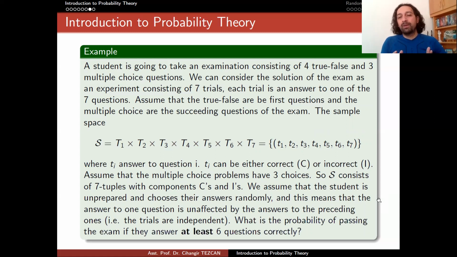The question is, what is the probability of passing the exam if they answer at least 6 questions correctly? So you have 7 questions. In order to pass the exam, you have to answer at least 6 questions correctly. And the student is not prepared for the exam, so they choose the answers randomly.